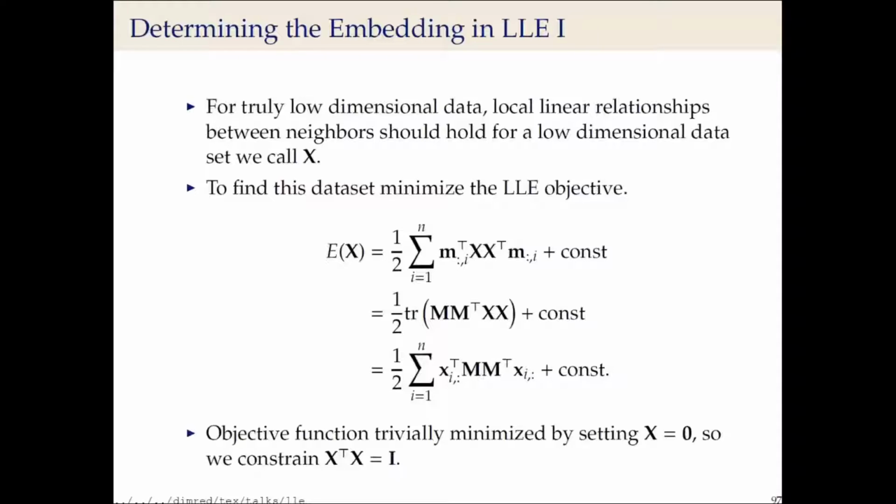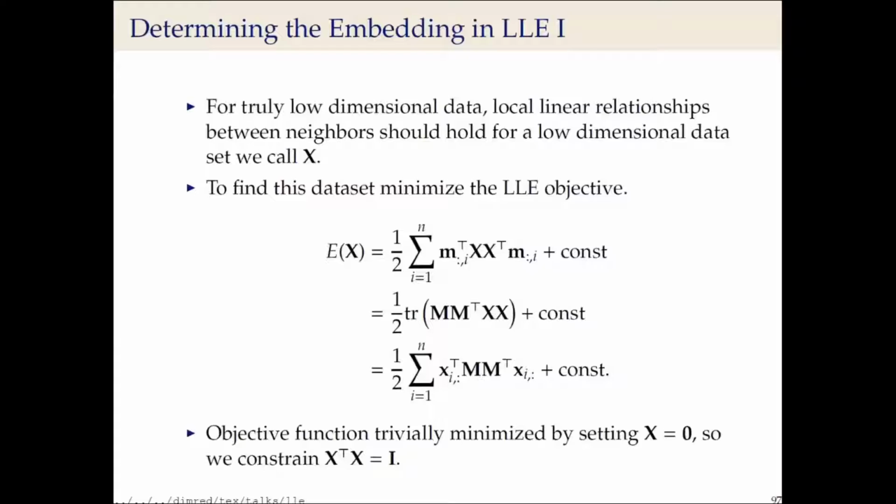Sorry. It doesn't matter which of these is negative, because M itself is not a symmetric matrix. So in LLE, one point's neighbors are not the same as the other's. If I'm a neighbor of you, you're not necessarily a neighbor of me. In every other algorithm in this class, the neighborhood relation has to be symmetric. So M itself is not symmetric.